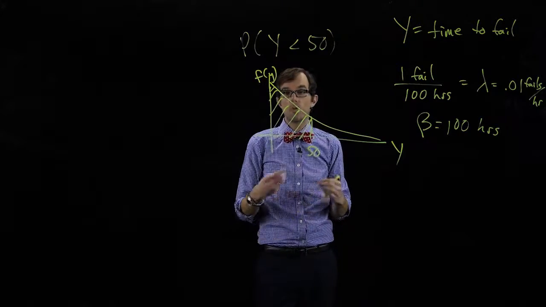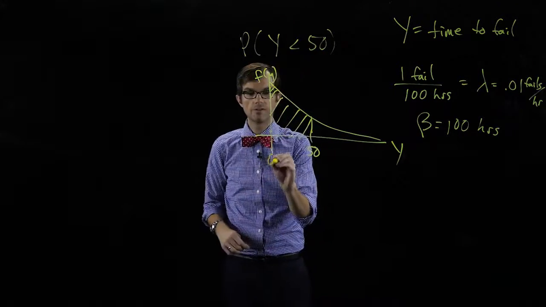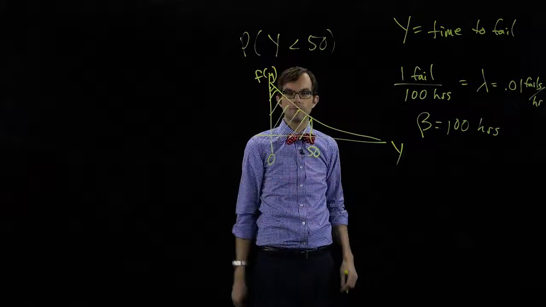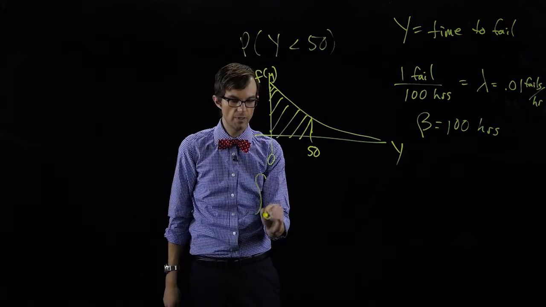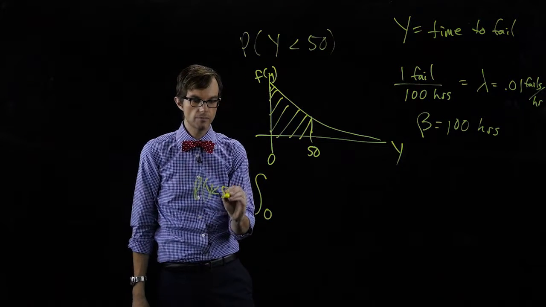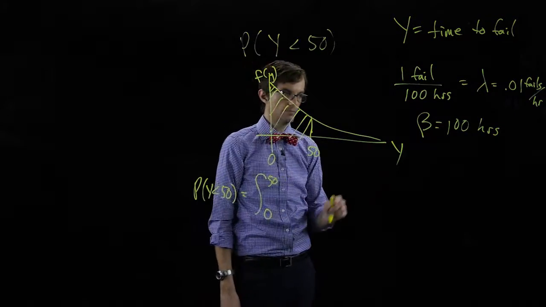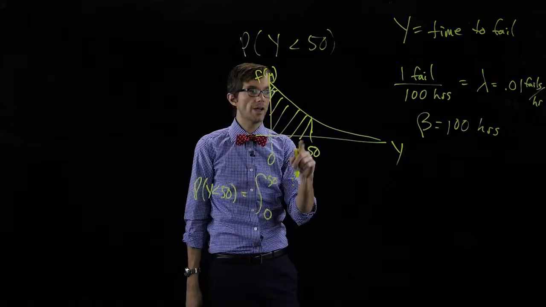So what do we do? We can integrate f of y in between the lower bound, 0, and our value 50. Probability that y is less than 50 is equal to the integral between 0 and 50 of f of y dy.